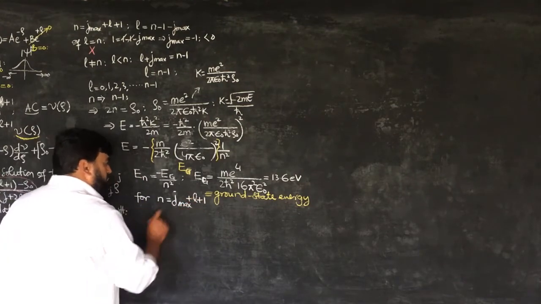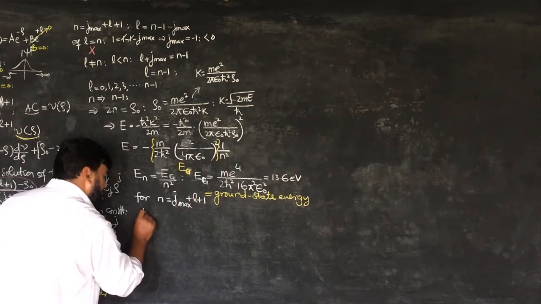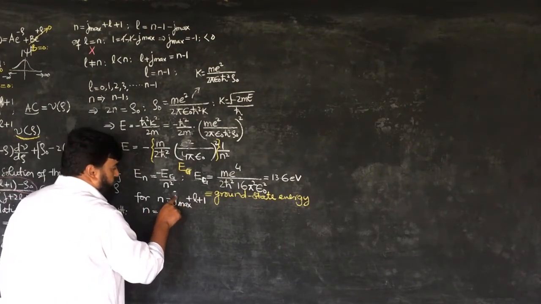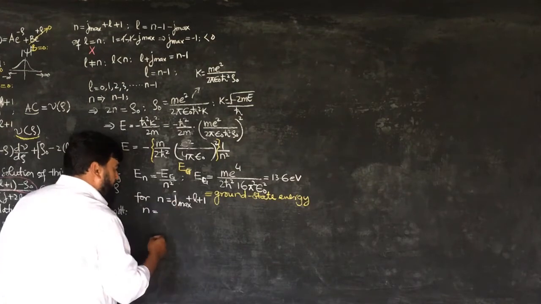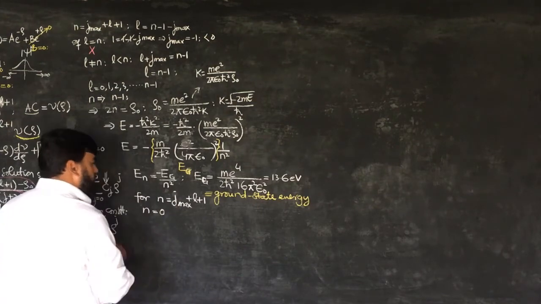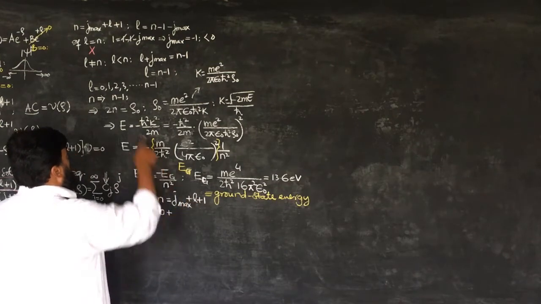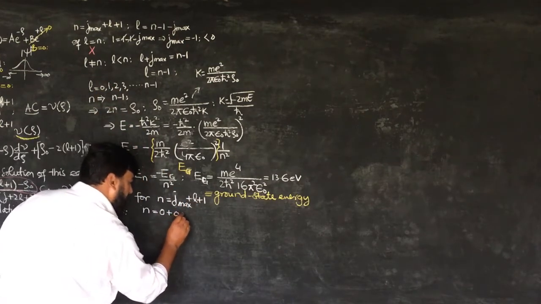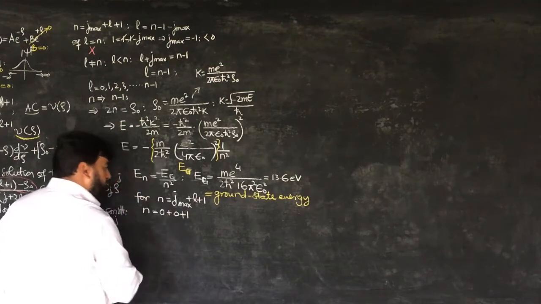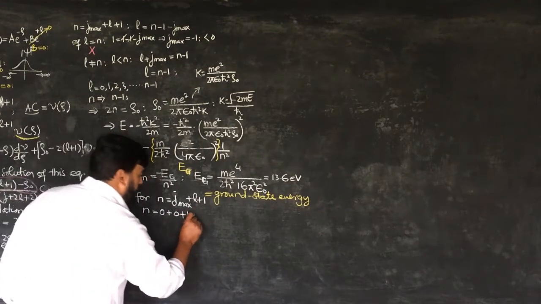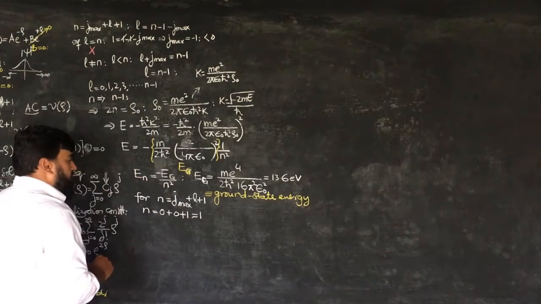Now, the minimum value possible for n here is j max. So j can start from 0 to any maximum value. So the initial value of it is 0. The n initial value is 0. And here I am having 1. So the n initial value is 1.